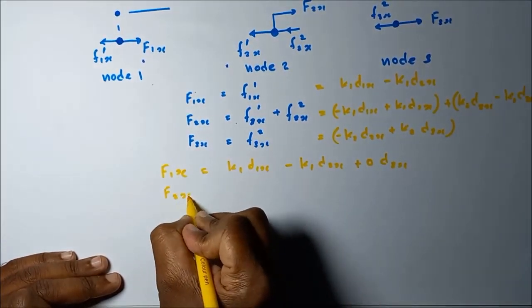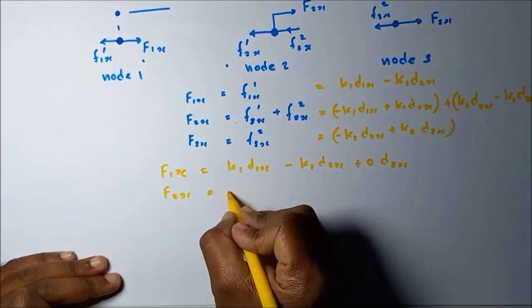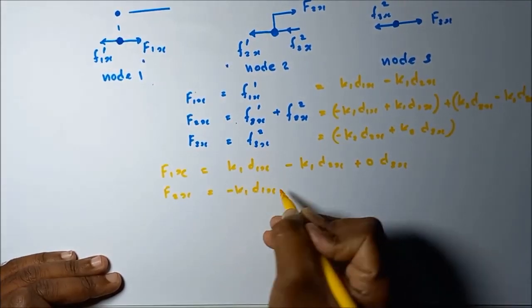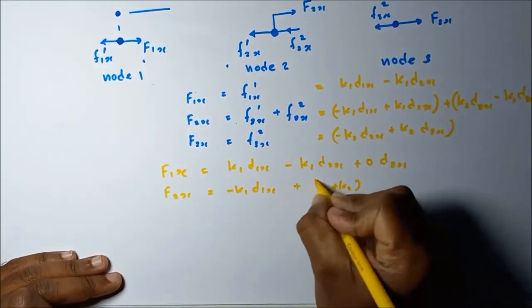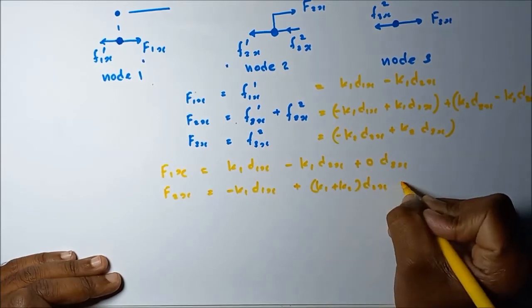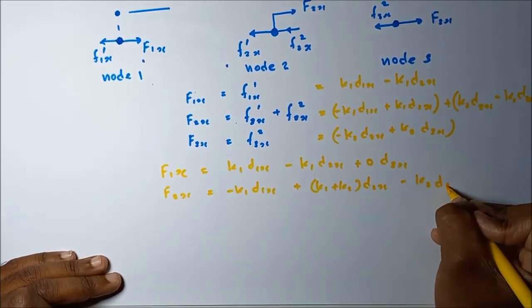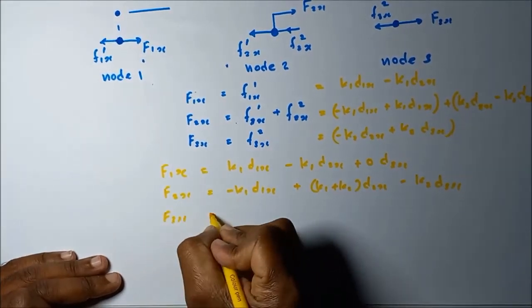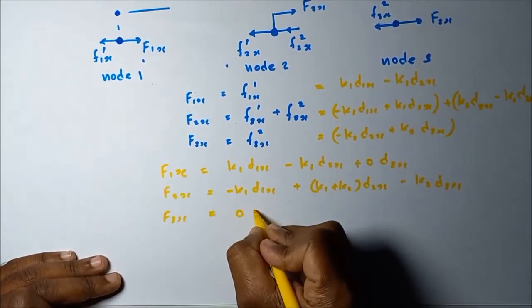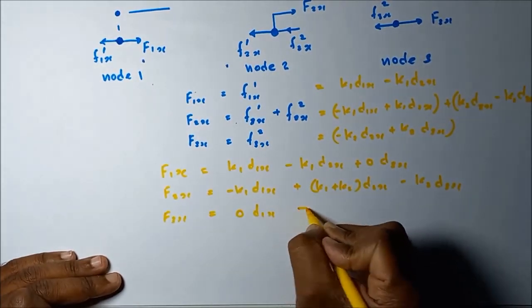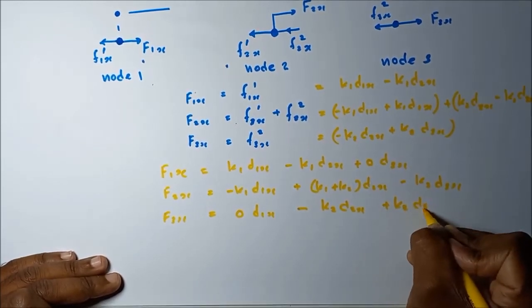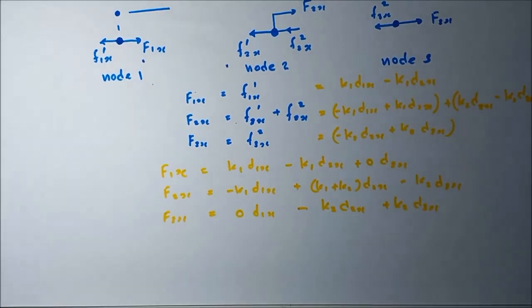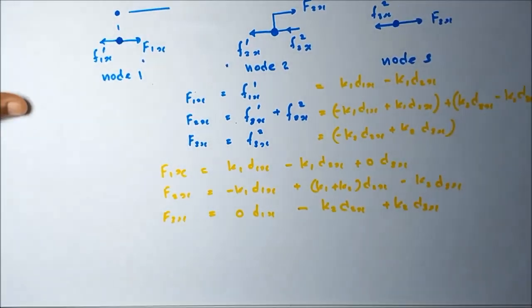Then F2x is minus k1 d1x plus k1 plus k2 d2x minus k2 d3x. For F3x also we can write 0 d1x minus k2 d2x plus k2 d3x. In this kind of manner we can write the equilibrium equations considering the nodes.